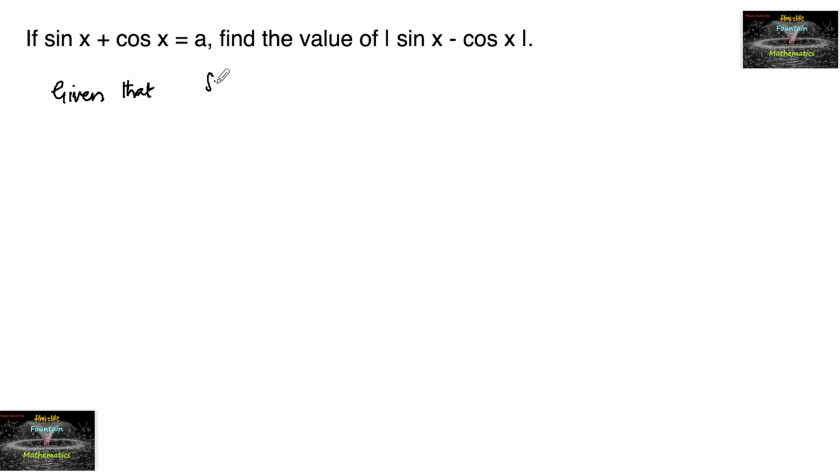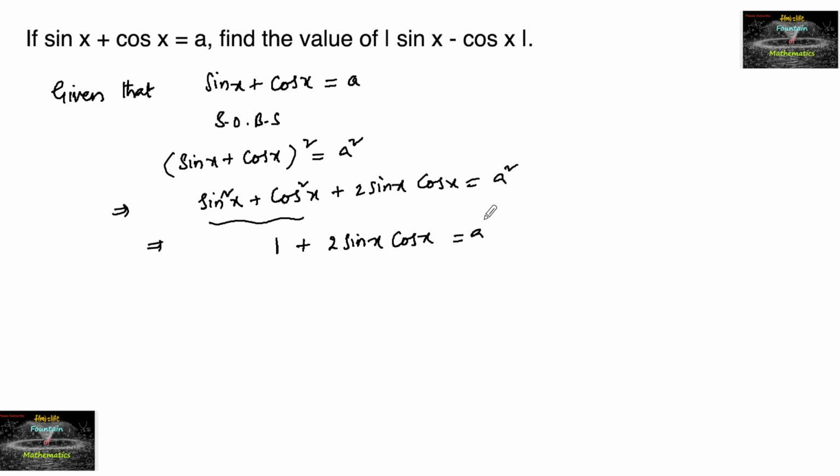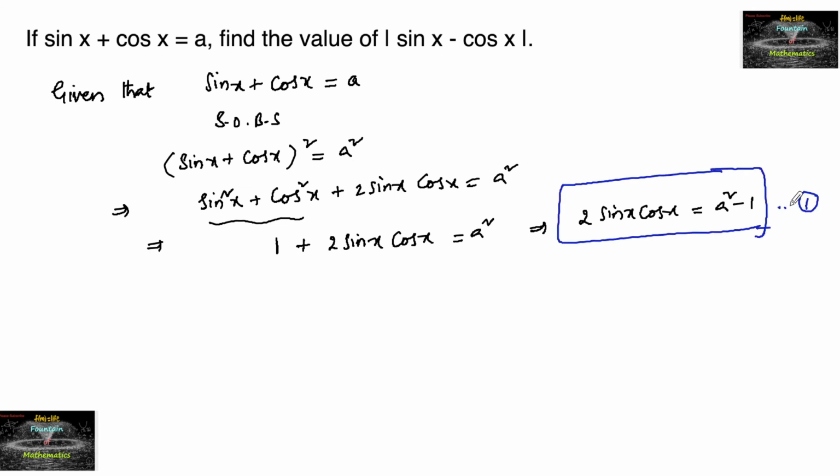Given that sin x plus cos x is equal to a, on squaring both sides, we'll have (sin x plus cos x) whole square is equal to a square, which implies sin²x plus cos²x plus 2 sin x into cos x is equal to a square, and since sin²x plus cos²x is 1, 1 plus 2 sin x cos x is equal to a square, or we can also write 2 sin x cos x is equal to a square minus 1. Let us keep it aside, make this equation 1.